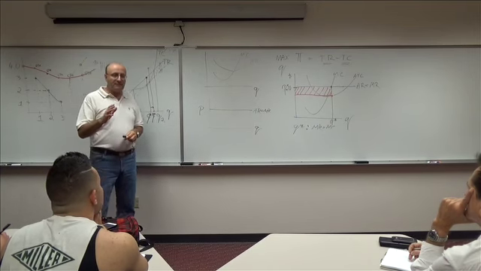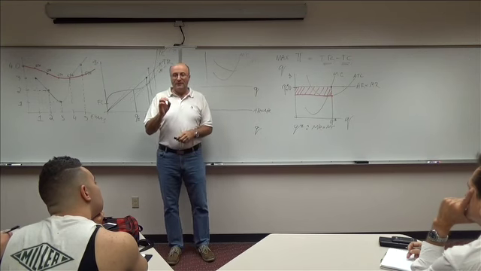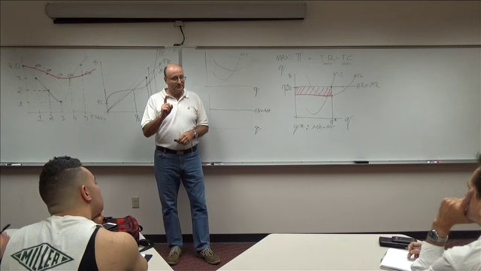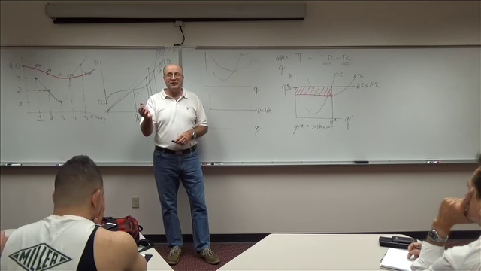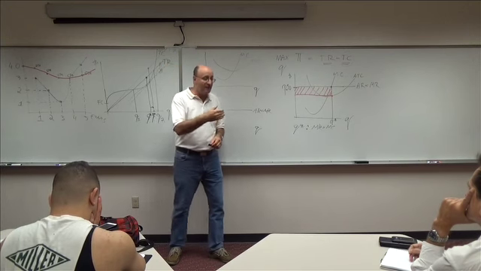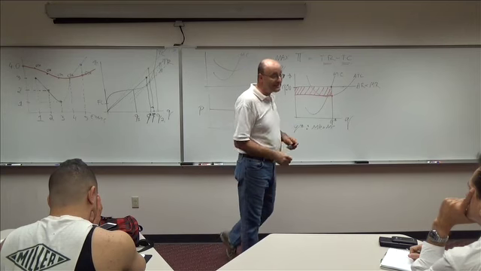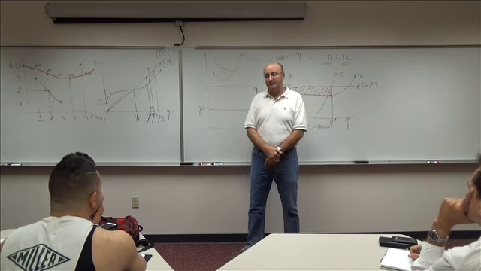Let's say you're baking 50 pizzas now. 51st pizza, if you decide to bake it, it's going to increase your cost by $7. In other words, the cost of baking the 51st pizza is $7. Should you bake it?